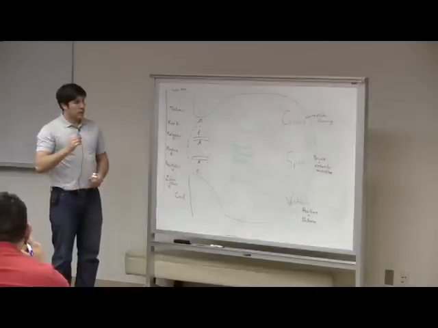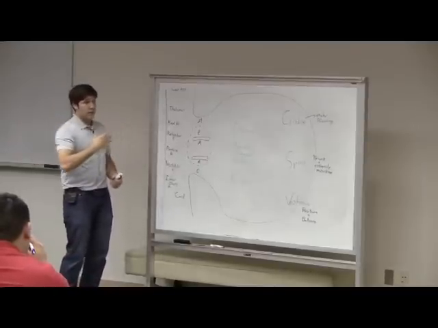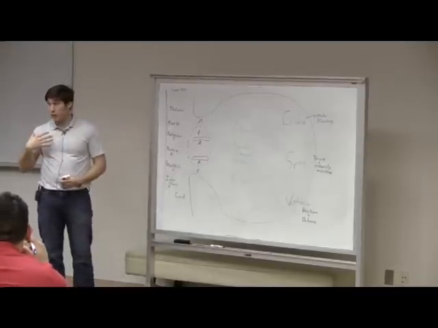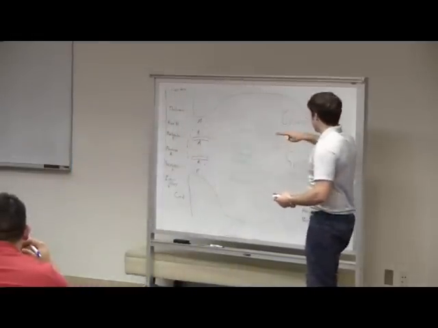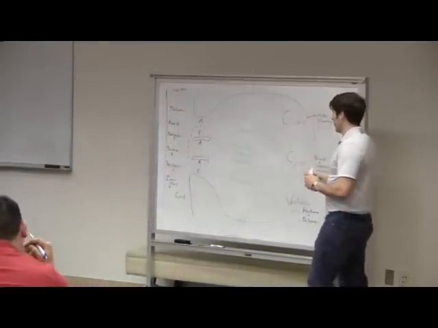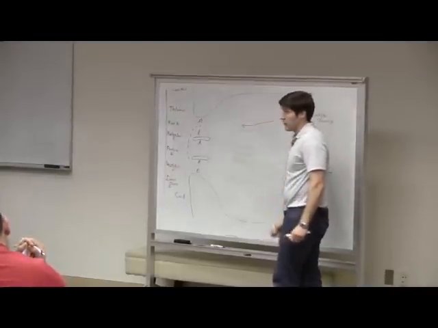Okay. So we're going to talk about afferent information going in and efferent coming out. We're going to talk about efferent going out first. Information from the cerebrocerebellum is going to go through the dentate, deep cerebellar nuclei.